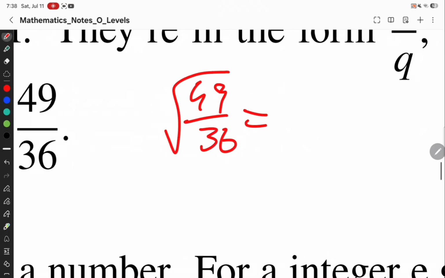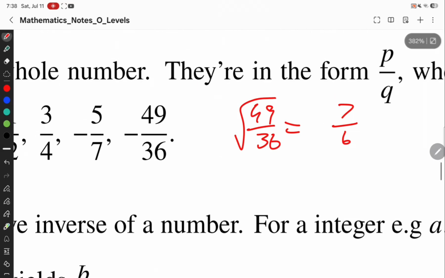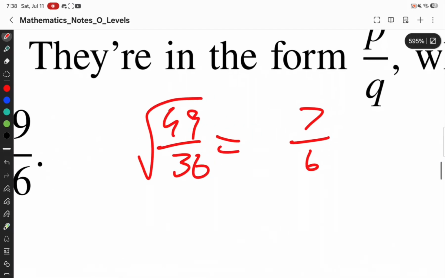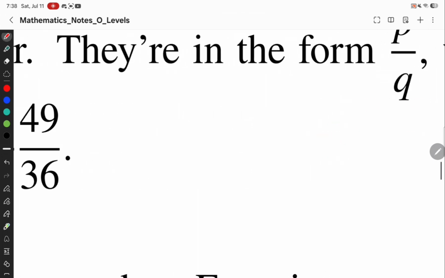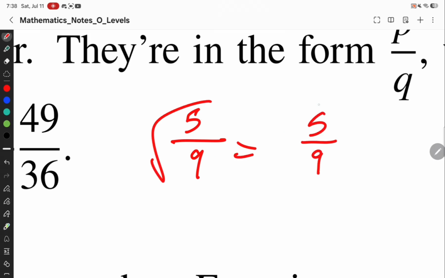If we take the square root of this, we get 7 over 6, a proper fraction. If these two are not both perfect squares, for example 5 is not a perfect square and 9 is, this still gives us the square root of 5 over 9. We cannot simplify this.